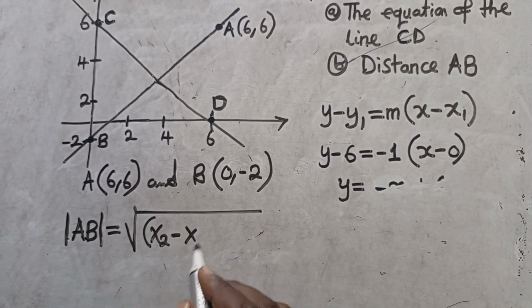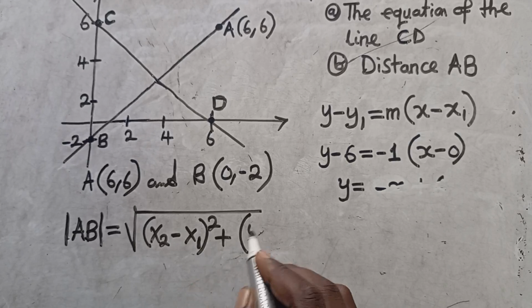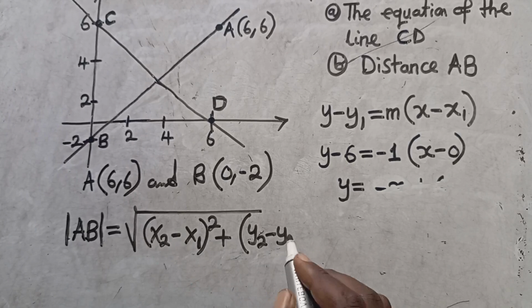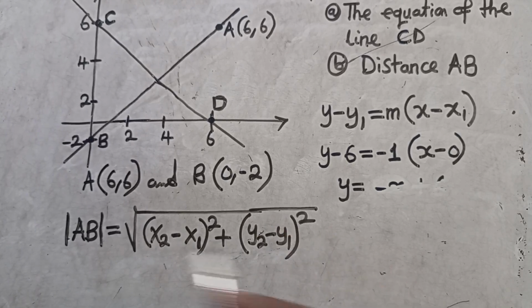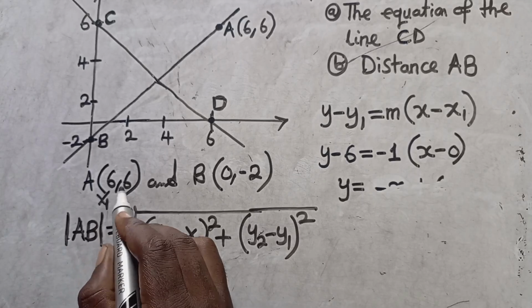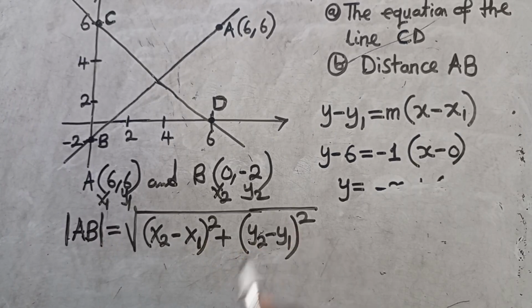X2 minus X1, I say squared, plus Y2 minus Y1, squared there. So meaning that this is X1, this is Y1, this is X2, this is Y2. I just substitute in that particular formula.